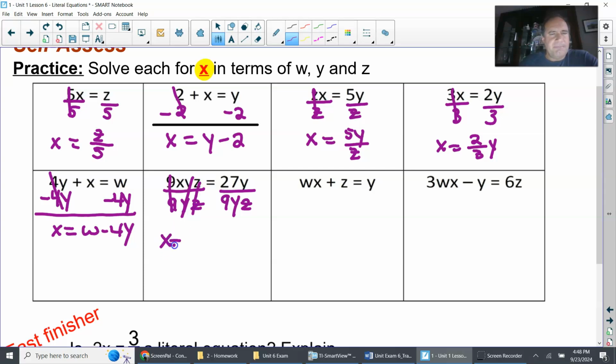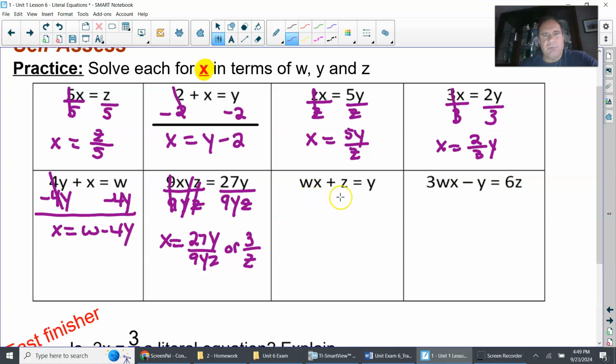X comes down, equals 27y over 9yz. Or you could do 27 divided by 9. 27 divided by 9 is 3. The y's cancel, and you could put the z on the bottom because that's where it is in the numerator.